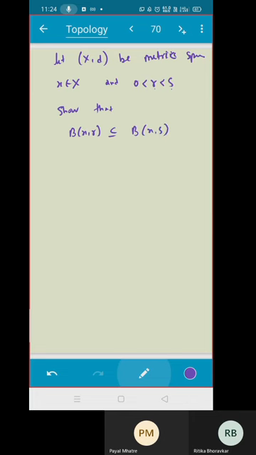Let us talk about the same center. What do you understand by this first? Open ball B(x,r) is contained in open ball B(x,s). Can you draw graphically what you are supposed to show?